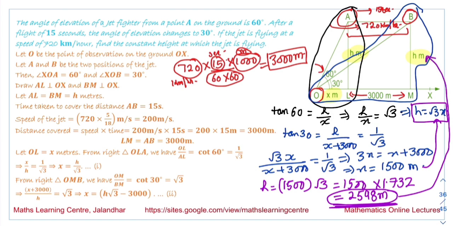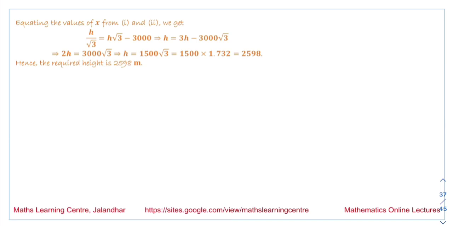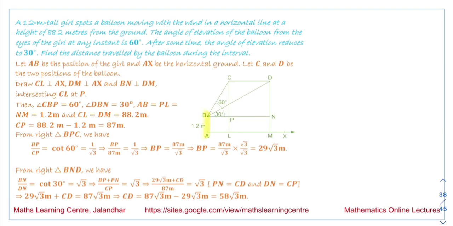In this question it is given that a 1.2 meter tall girl, so girl we are saying this is A, B, she is over here, and this point B is the observation point.